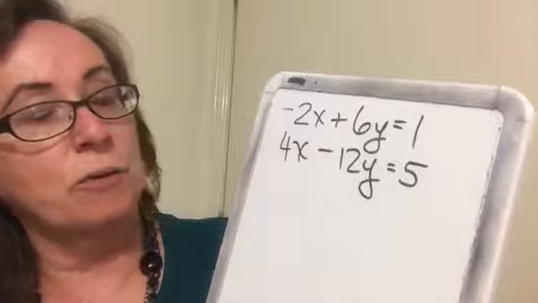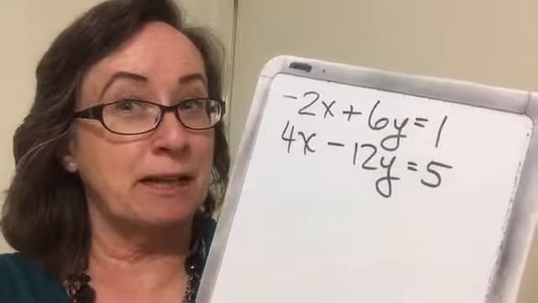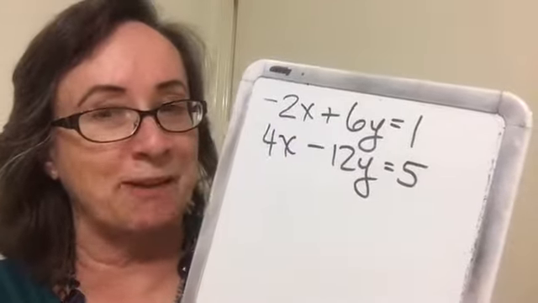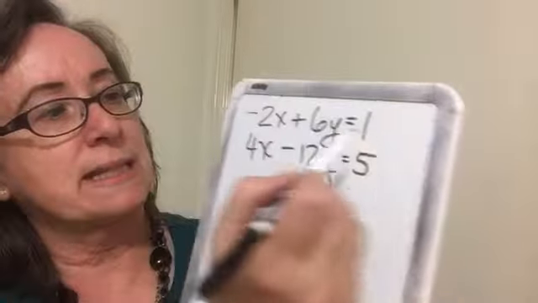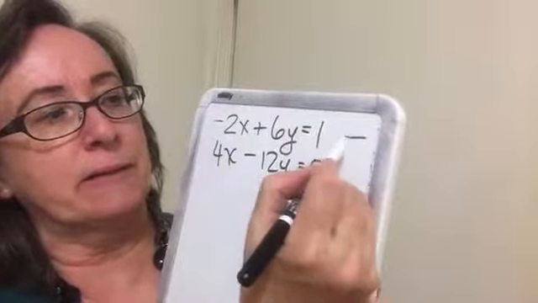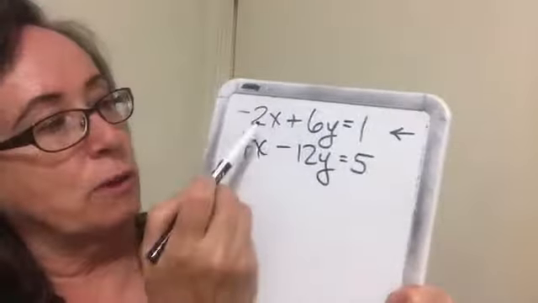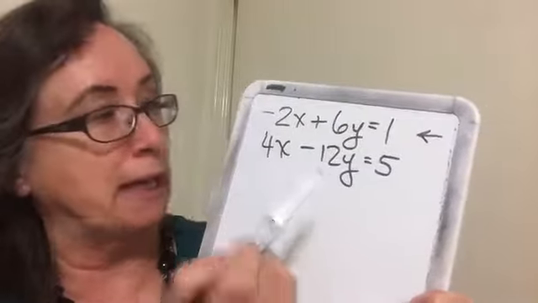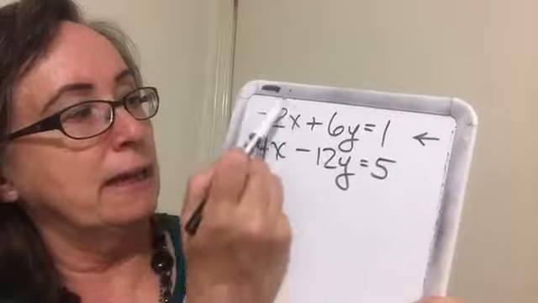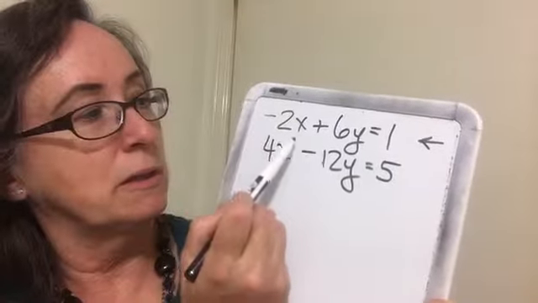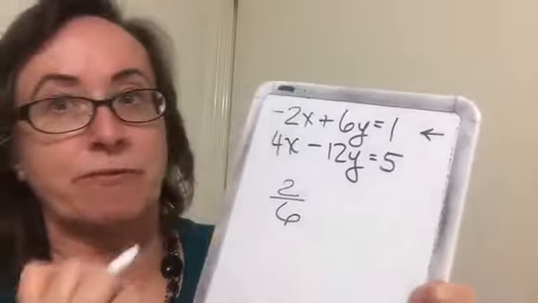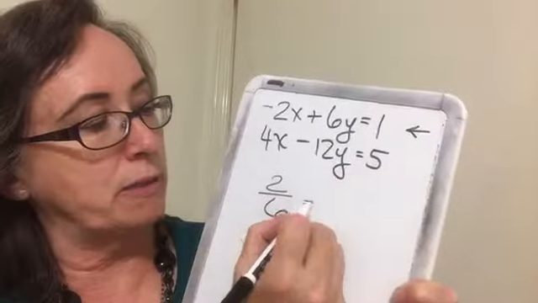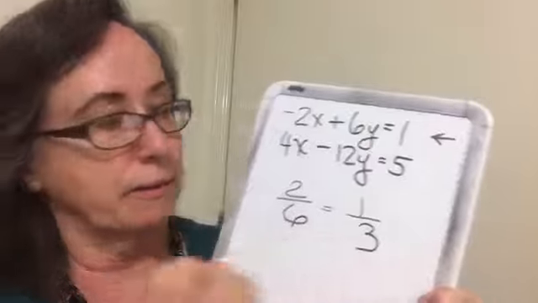Okay, so when I'm talking about parallel or perpendicular, what I care about is the slope. So what is the slope of this line up here? Okay, so we're looking at negative a over b. Negative a is going to be positive 2. 2 over 6. So 2 over 6 is the slope of the first line, which will reduce to 1/3.